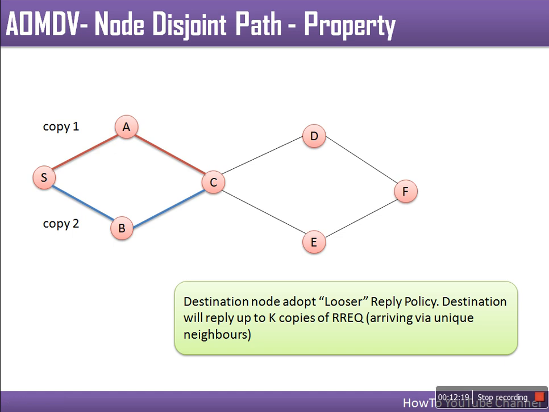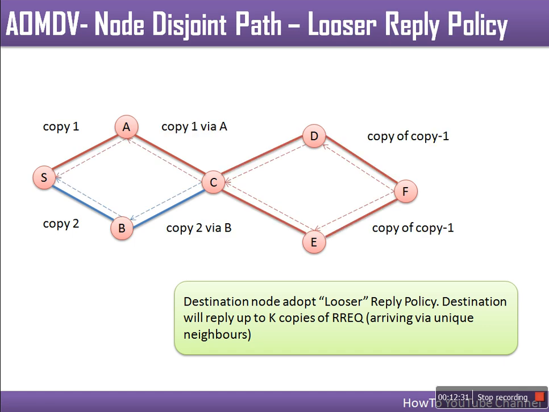It will receive both copies and set a reverse path to source S, but it will broadcast only the first query packet. Let's say it received copy 1 first. So C broadcasts copy 1 again, so the first route request packet will be broadcast again.